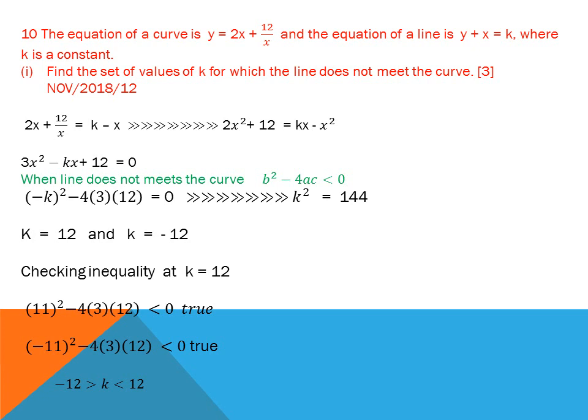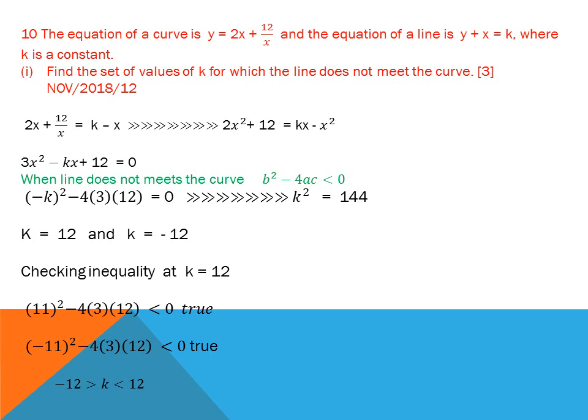So there are only three categories here. One is when the line is tangent to the curve, b square minus 4ac should be equal to 0. When the line does not meet the curve, then b square minus 4ac is less than 0. When the line cuts the curve at two distinct points, then b square minus 4ac should be greater than 0. So discriminant equal to 0, or less than 0, or greater than 0.